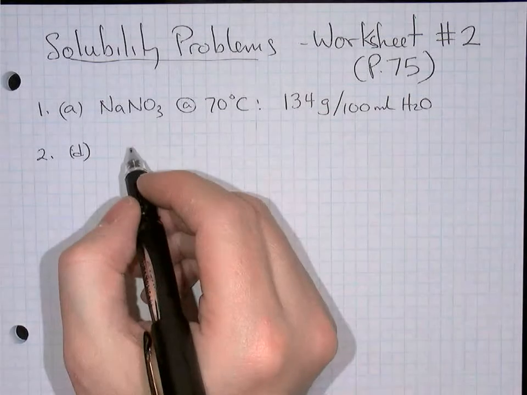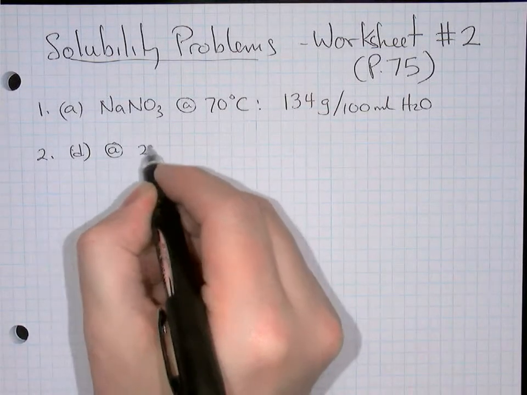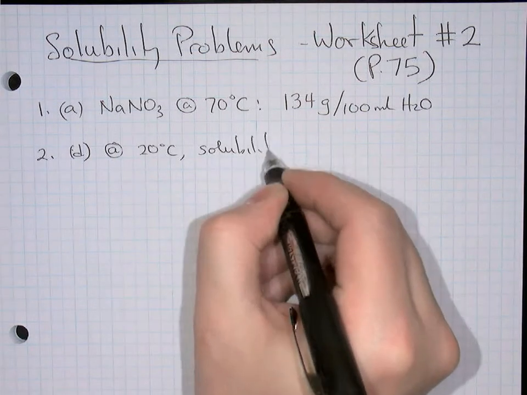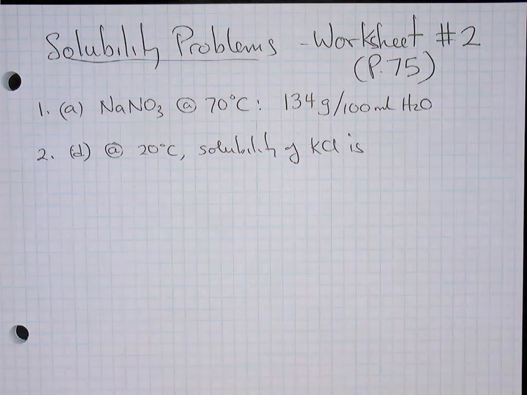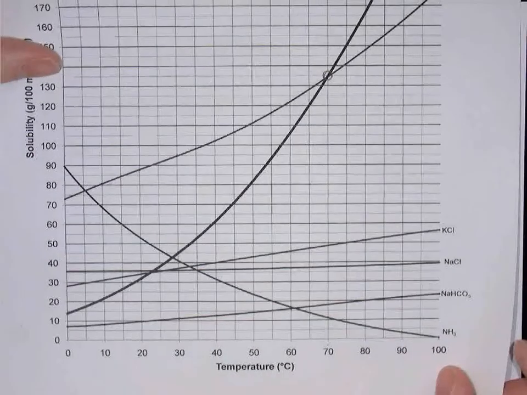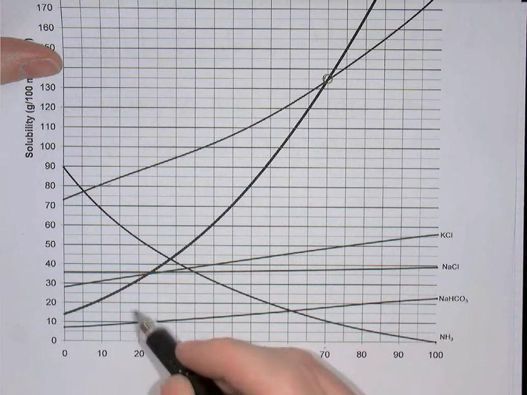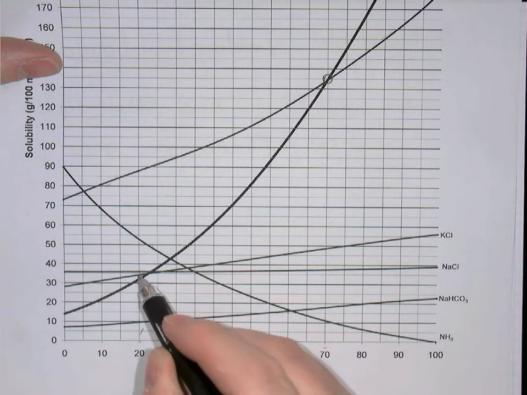So the first thing that goes in my answer is a statement of the solubility. So at 20 degrees Celsius, the solubility of potassium chloride is, and now I'll go to that chart again. Potassium chloride is this graph over here, KCl, and at 20 degrees Celsius, we go right up to that line.